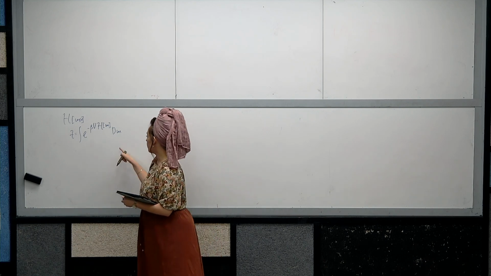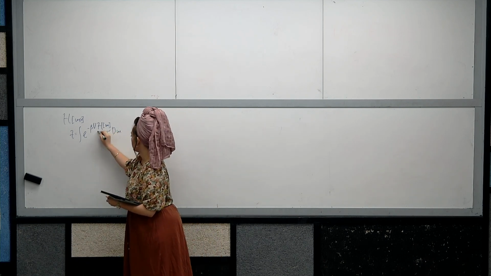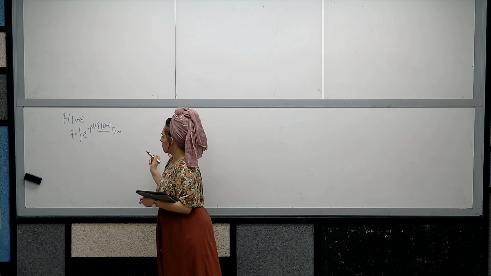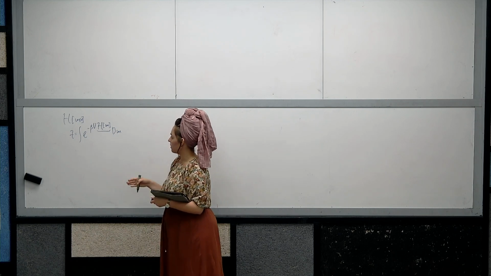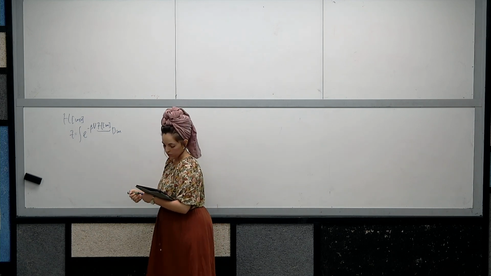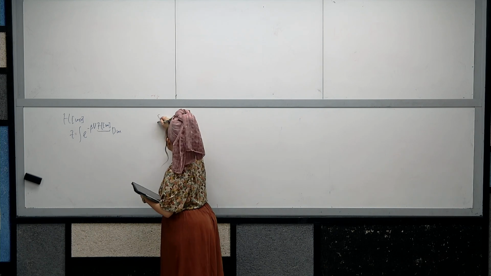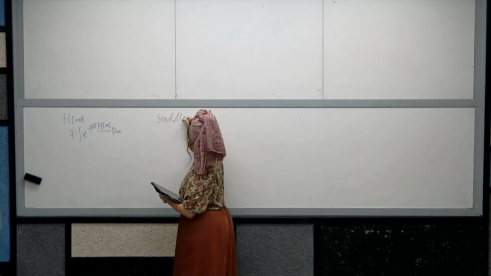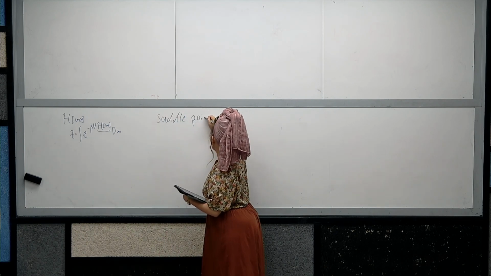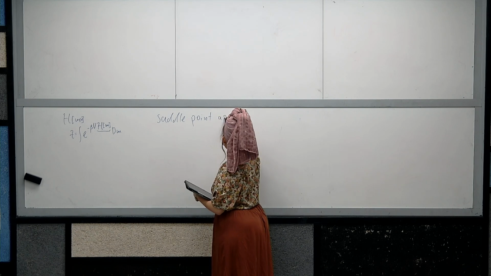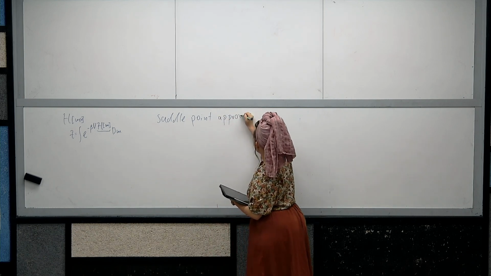So these are functional integrals because this is a functional. And the way to solve it is by using the saddle point approximation. And this would be the topic of today.